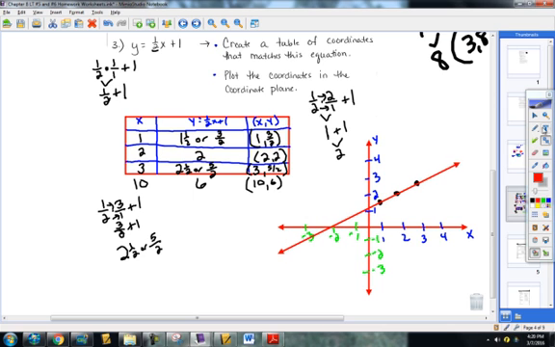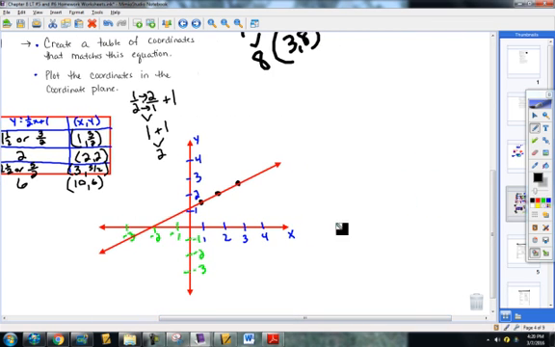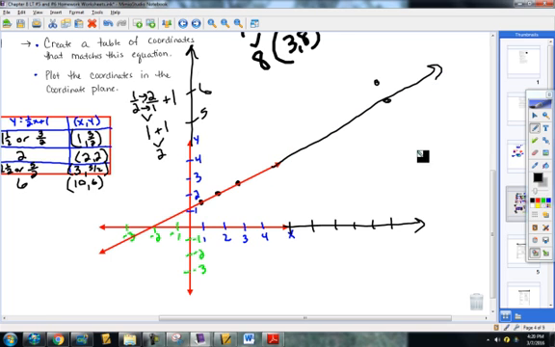So you can see they all fall right on that line. And guys, if I extend this out to 10, if I actually took the time to do this, you can guess where 10 would be. 5, 6, 7, 8, 9, 10. And then if you went up here like this, 5 would be here, 6 would be here. Somewhere right in here, this point should extend through that point as well.